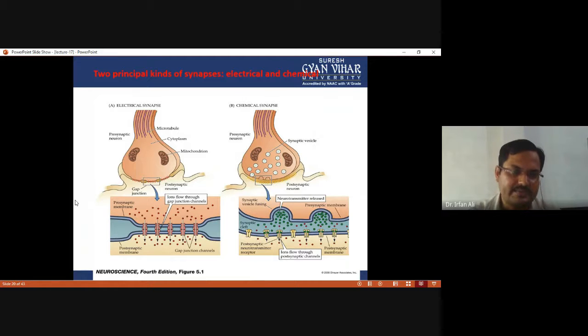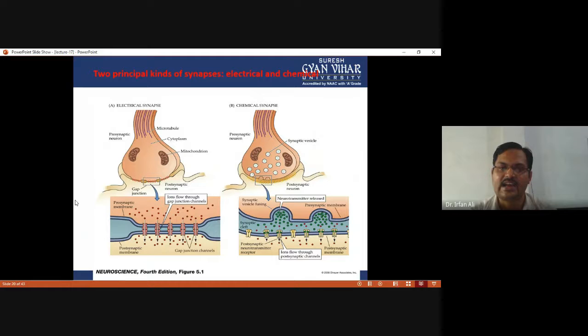This is called a gap junction, and through the gap junction the electrical signal can be transmitted. There is no need to convert the electrical signal into a chemical signal, so the electrical signal directly transmits through the electrical synapse. The specific feature of this electrical synapse is the presence of the gap junction.